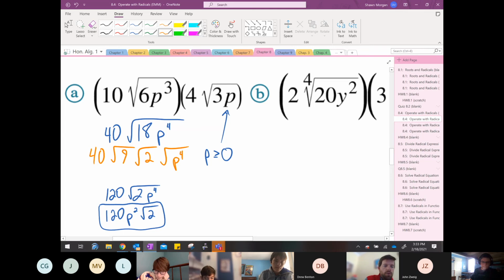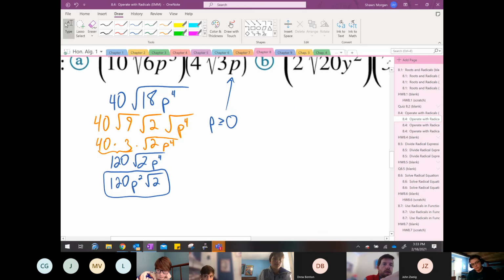And square root of 9 was 3. And so we just consolidated the 40 and the 3 to give us that 120. Oh, I was wondering how you did the next step. Gotcha. Me too.